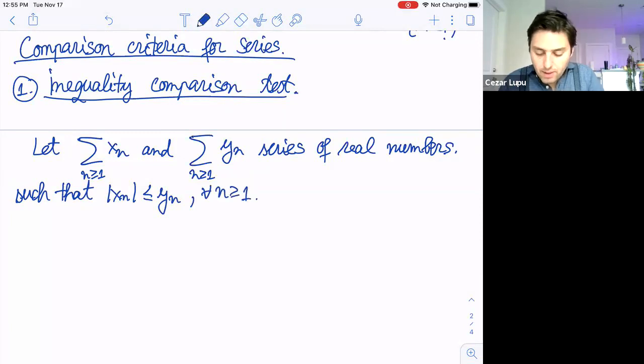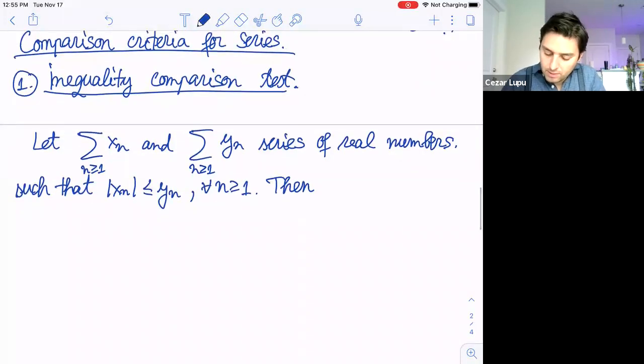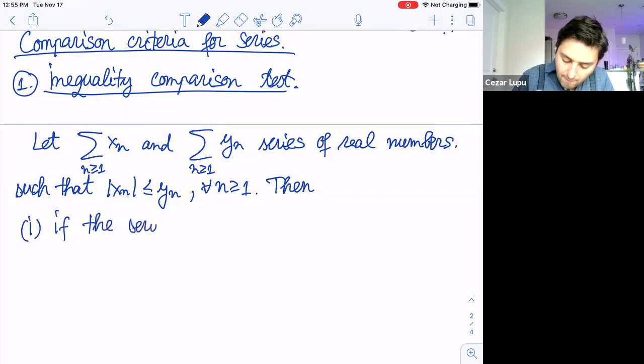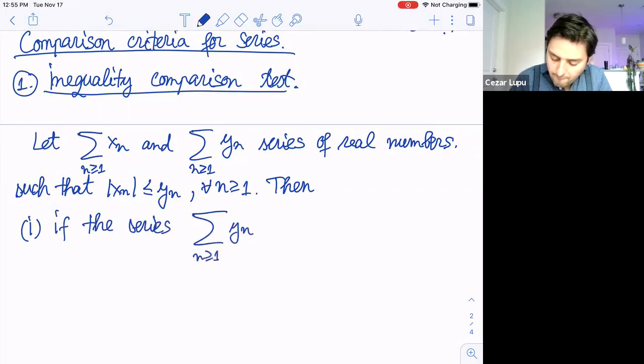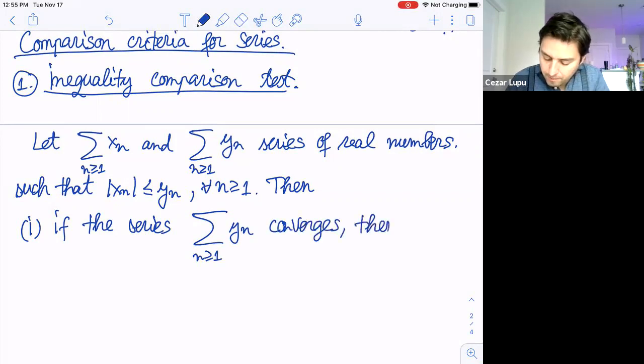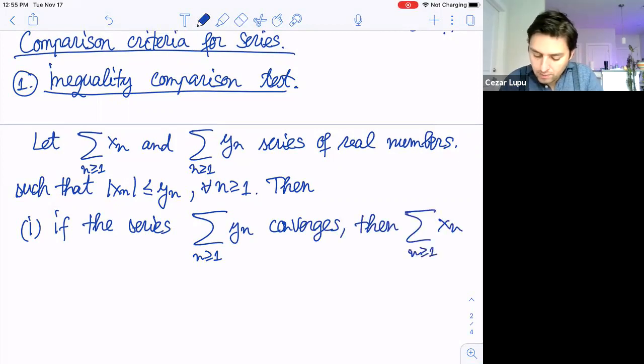Then we have the following. If the series, the sum of Yn, is convergent, then the series of Xn is convergent.